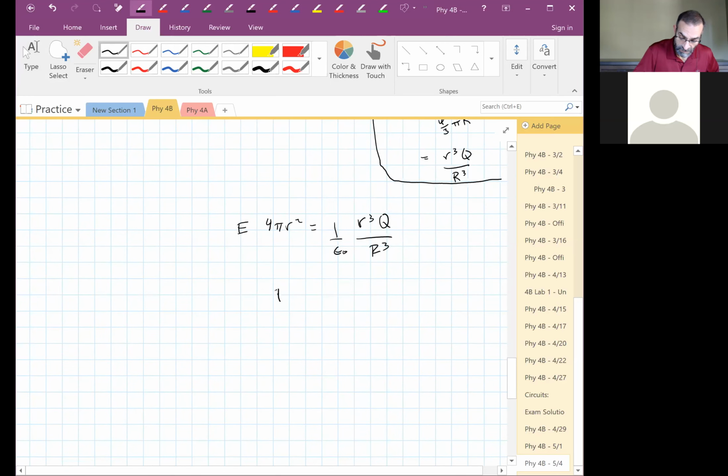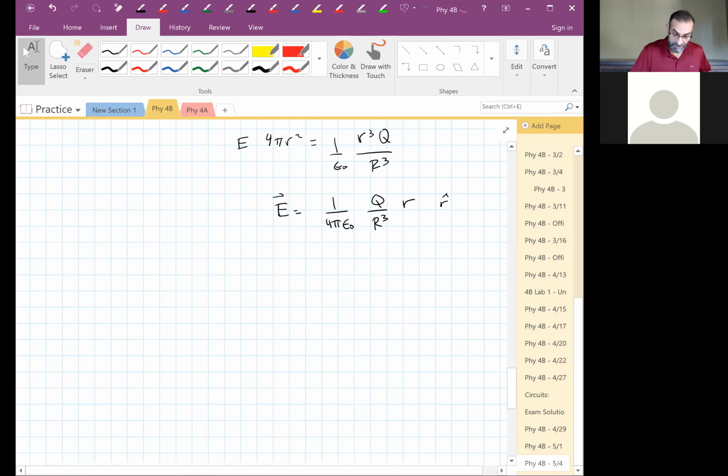So my electric field is 1 over 4 pi epsilon naught, that's my constant, times Q over capital R cubed, times a little r. So E is some constant times r. E increases linearly with r when you're inside of the charge distribution.